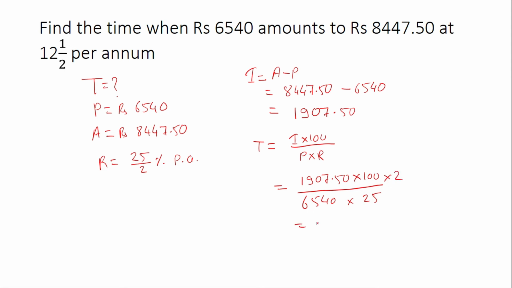Now when you solve it, you will get the answer 2 whole 1 by 3 years. Now since it is given in mixed fraction, we will change 1 by 3 years into months. We will multiply it with 12. So our answer will be 2 years and 4 months.